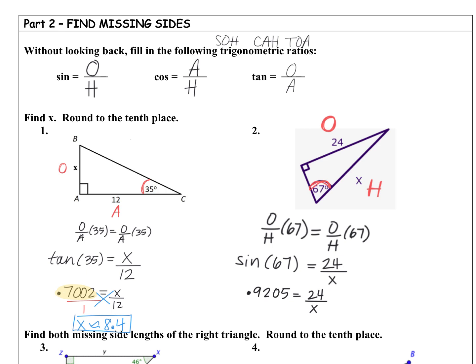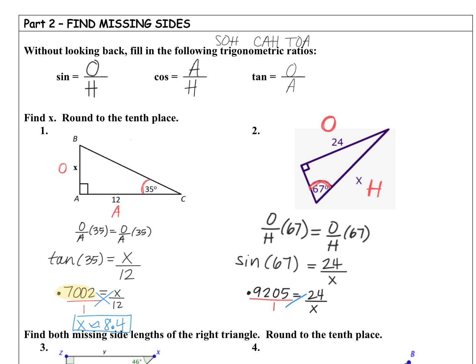Again, you have to make it into a fraction by putting it over 1, and then you cross multiply and solve. This one has a problem. Well, it's not really a problem, but you'll notice when you go to do cross multiplication, your answer is not going to be 25 times 0.9205.